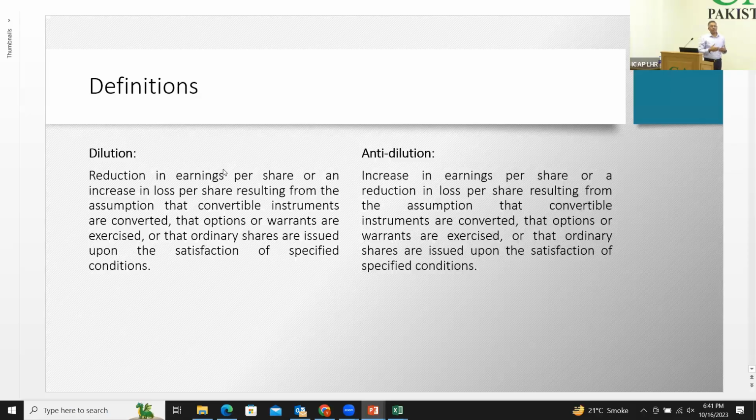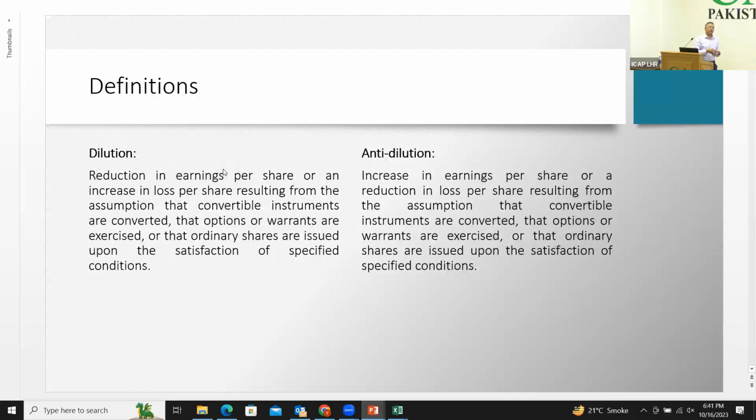Basically, these potentially issuable shares are of two types: those which have an effect on earning as well, and those which have no effect on earning. Like, if you have written call options and written put options, there will be no effect on earning because you are not paying any return on those options.